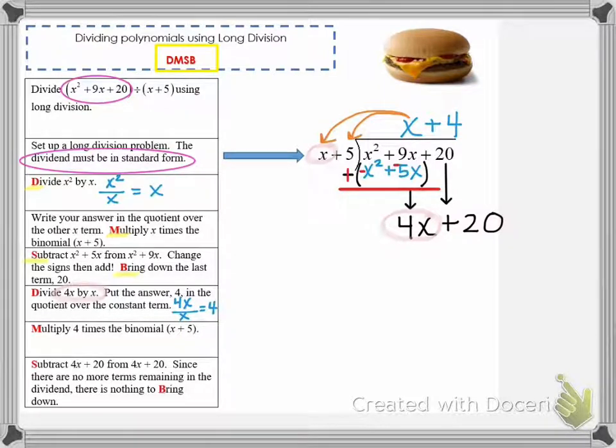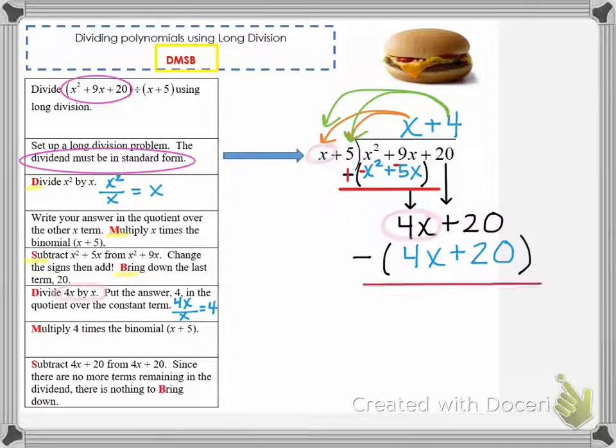Okay, now I'm going to continue. I'm at step M, multiply. So I'm multiplying 4 times the binomial x plus 5. It's just the distributive property. So that becomes 4x plus 20, and now I'm going to subtract again. But again, it's often easier to change the subtraction sign to addition and add the opposites of those terms. So 4x plus negative 4x will cancel out.